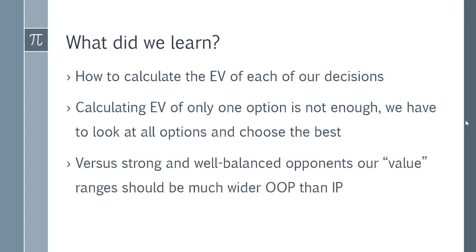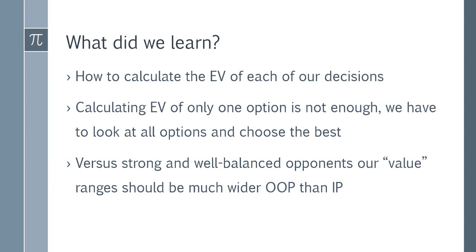And versus strong and well-balanced opponents, our value ranges should be much wider out of position than in position. So again, opponents that are able to perfectly balance their bluffs and value, that aren't going to value own themselves very heavily, we need to be value betting much more aggressively out of position.